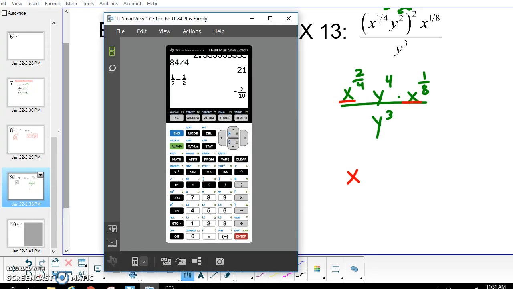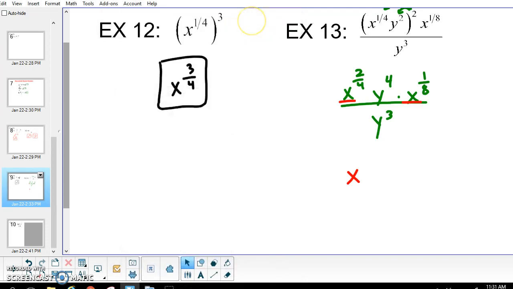Again, it's probably just as quick for you to type that in your calculator, unless your calculator is not working well like mine. It's not liking the buttons that I press. So we should get 5/8 when I do 2/4 plus 1/8.